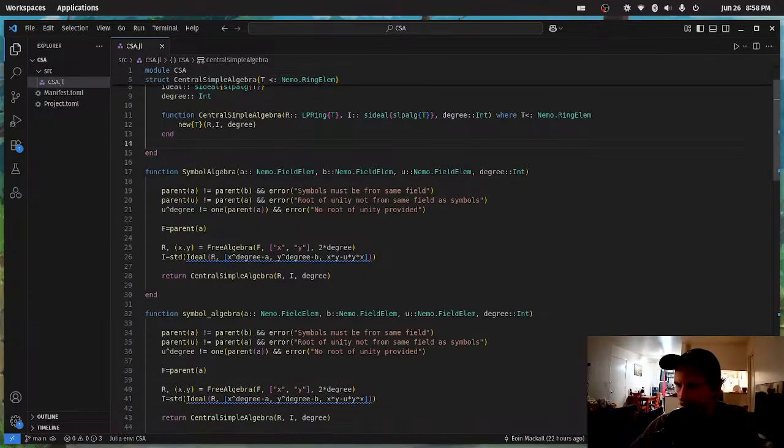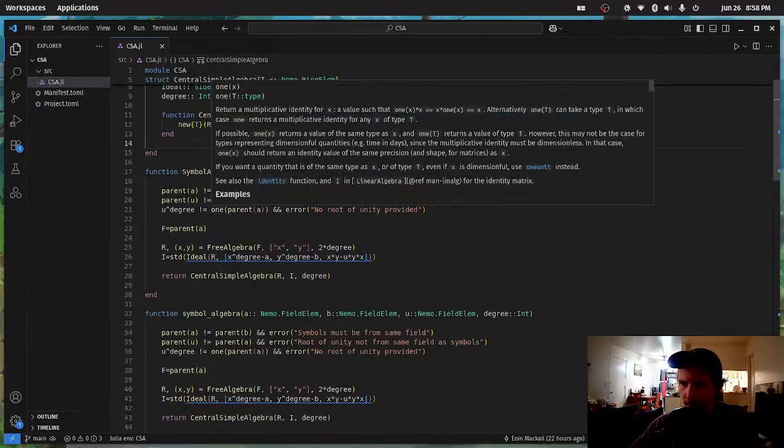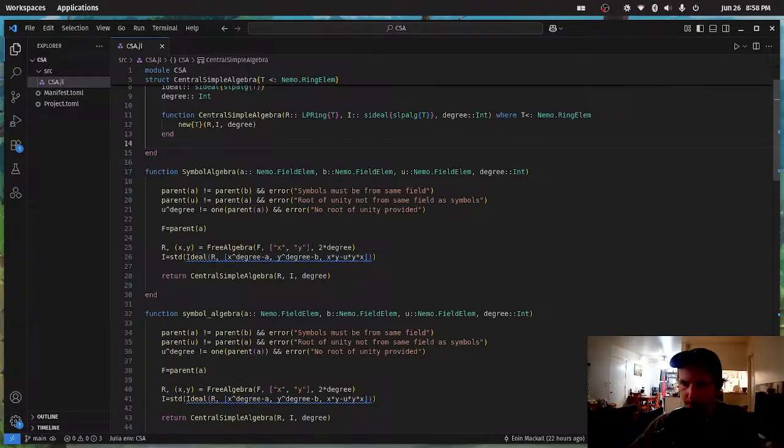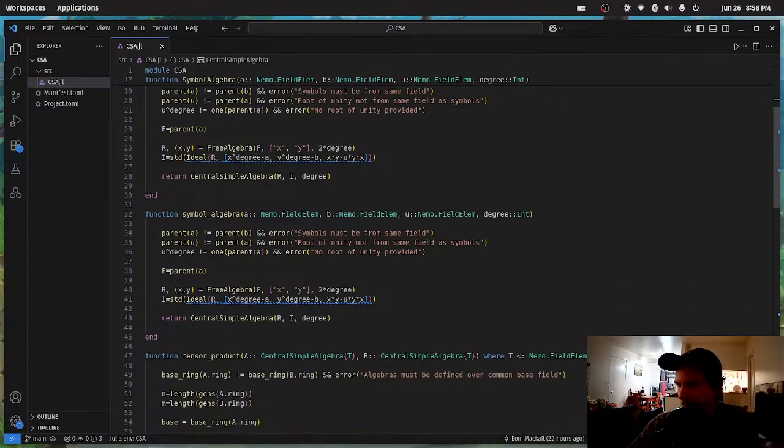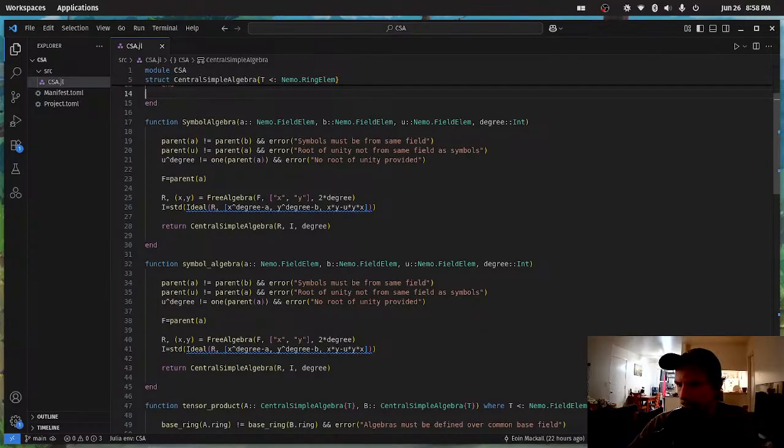We have a function, simple algebra, which constructs the algebra that you would get from units A, B inside of a field, along with a root of unity of some degree. This function calls the exact same thing, it's just a different case.